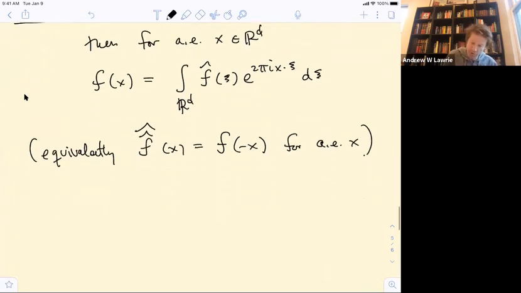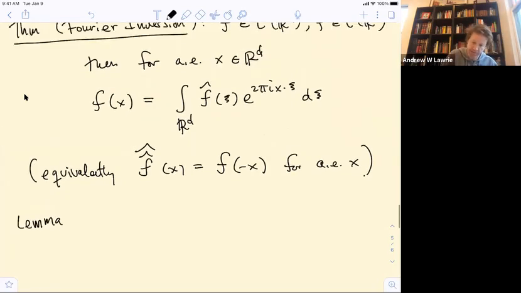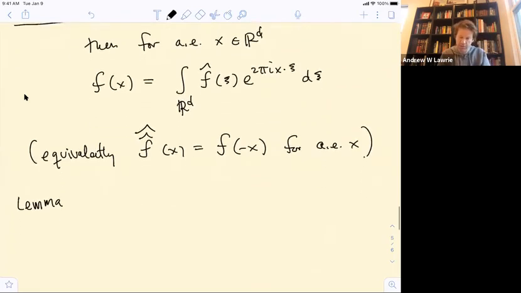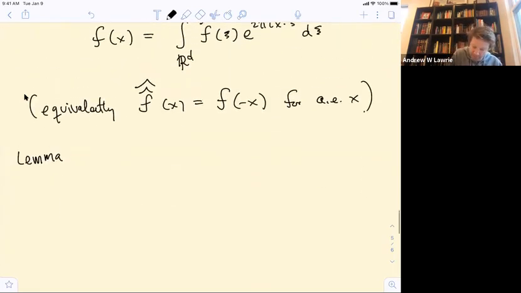Okay, a few more lemmas. Let me call this lemma 2.